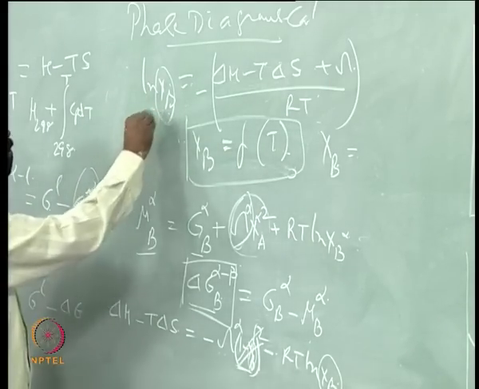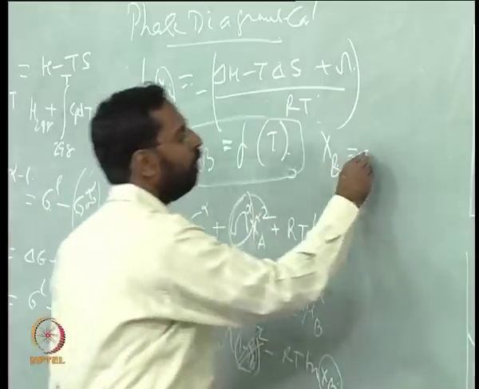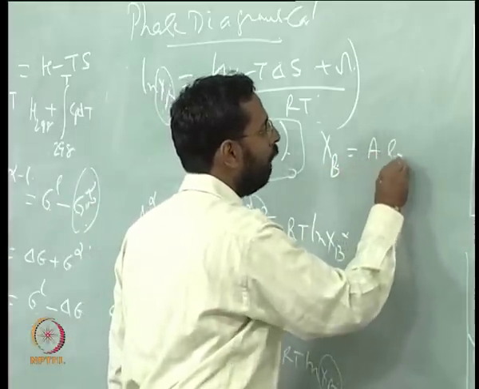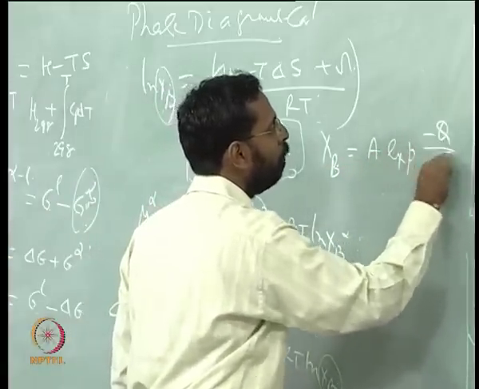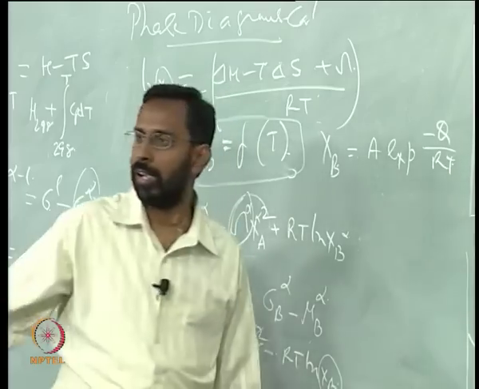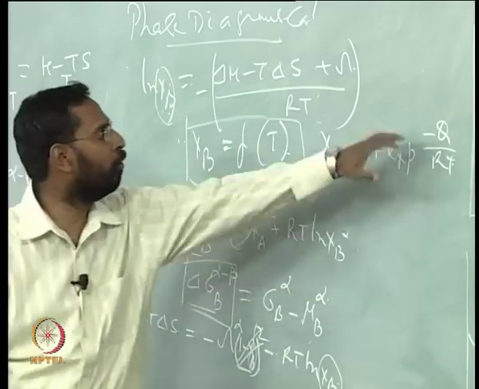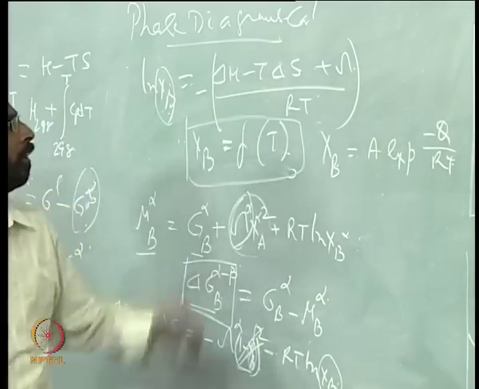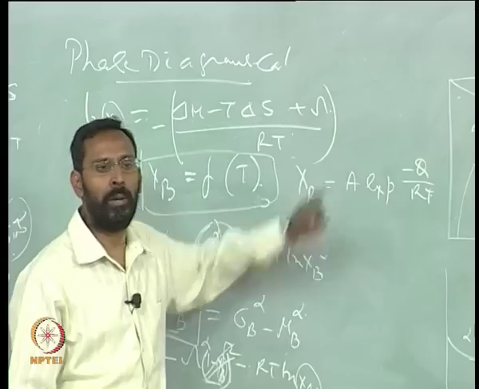So, you can write xb is basically exponential. You will get a pre-exponential term and exponential minus Q by RT. You will see that Q can be in terms of the delta H and omega.